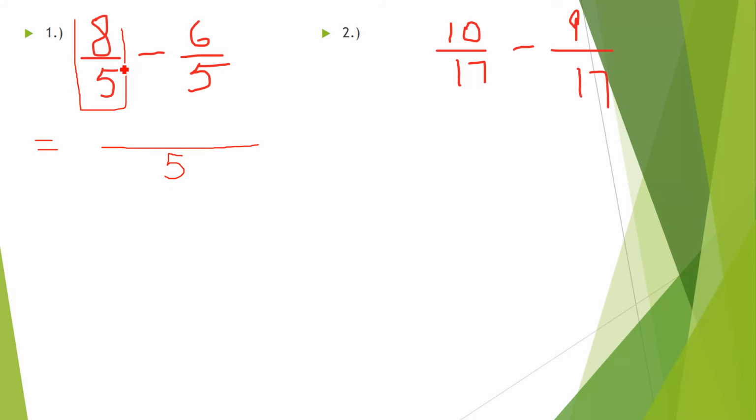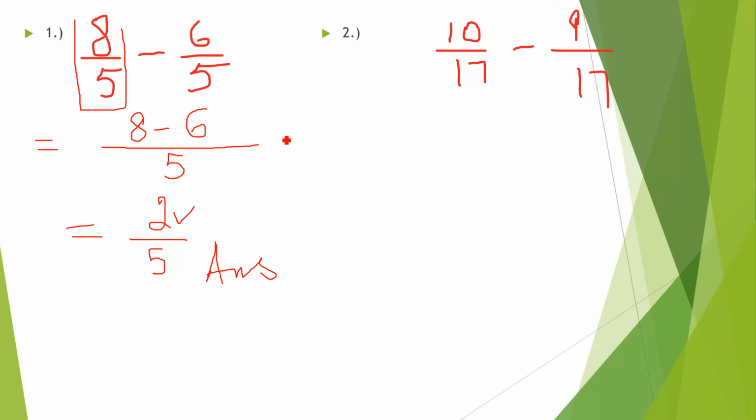This is our LCM, and whatever you have in the numerator, write down as it is. It will be 8 minus 6, which equals 2 over 5, and this is the answer. So simple, right? Then you have to check whether the answer is an improper fraction or a proper fraction. This is a proper fraction because the numerator is less than the denominator.